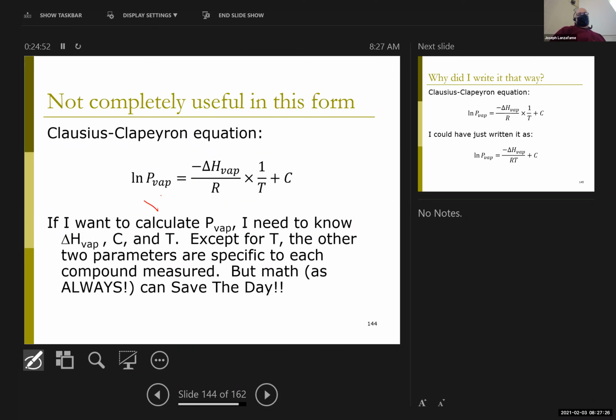And normal graphing theory says the y value should be the dependent variable. The x-axis should be the independent variable. And I end up with a slope, which is actually a combination of 2 constants, and an intercept, which is now another constant.